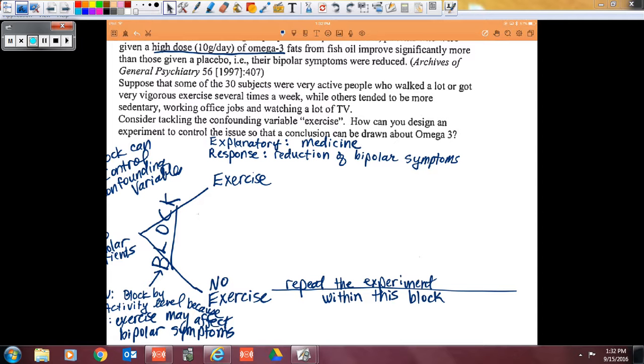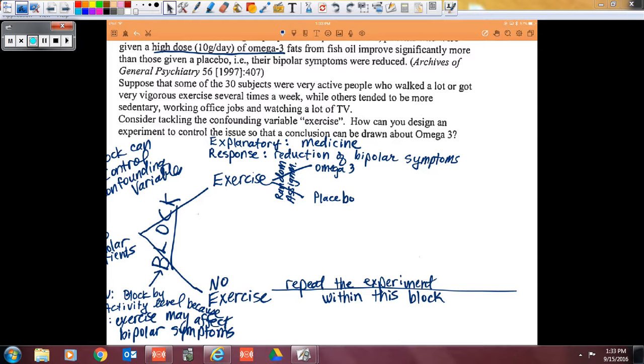Okay. So now I got exercise. From here on out, it's like what you have done. What do I do to get into the treatment groups? Good. Randomly assign. So random assignment. And randomly assign to the treatment groups omega-3 fish oil or placebo. Good.